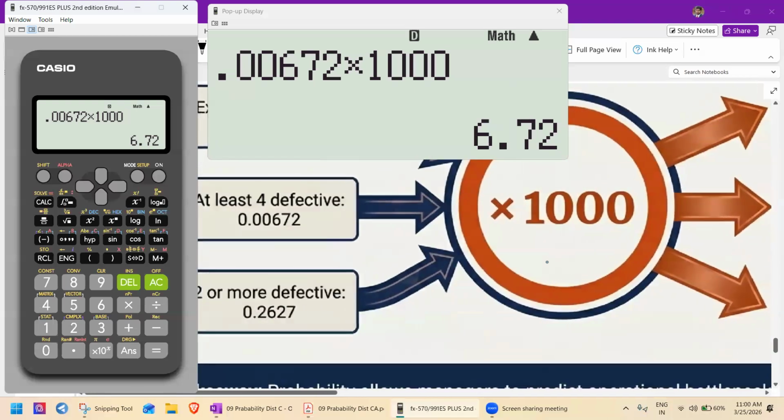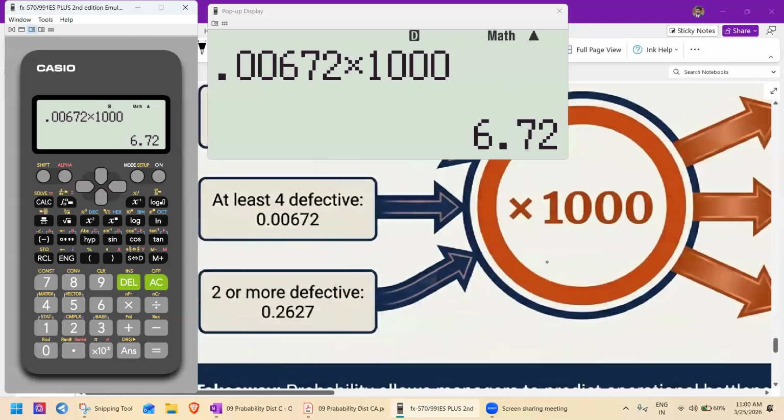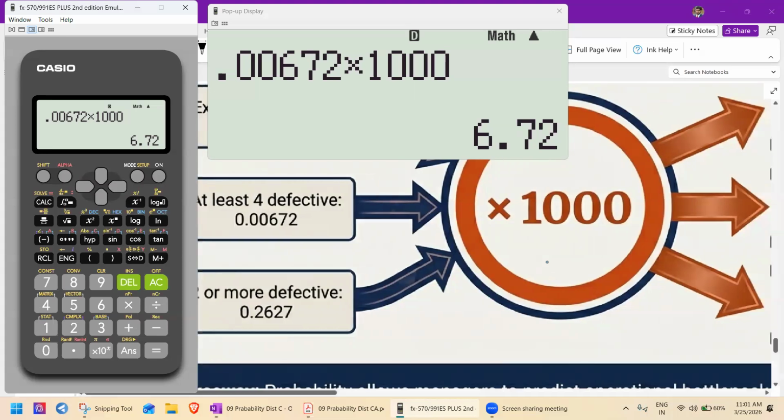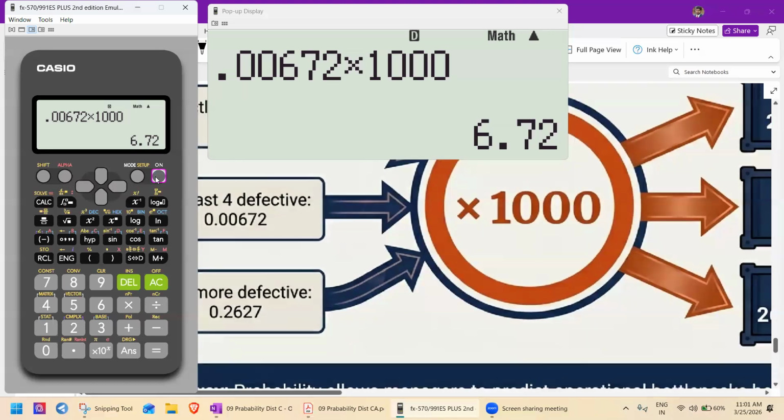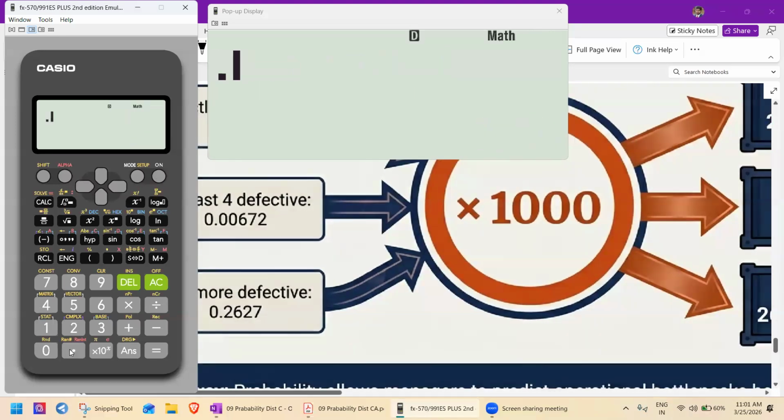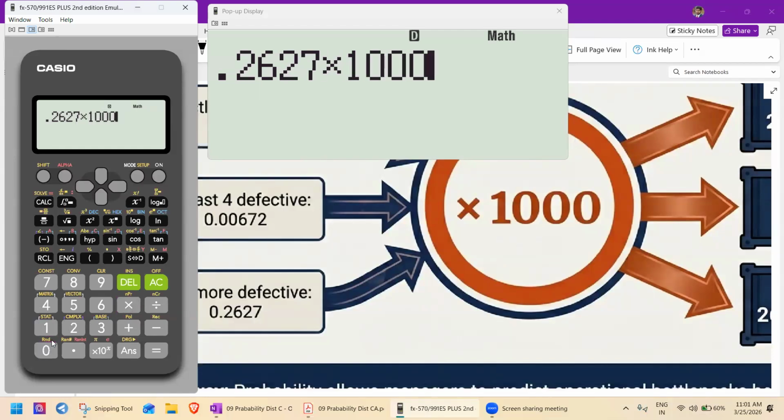And here, 2 or more defective items. What's the probability of 2 or more defective items? In one sample, the probability of getting two or more defective items is 0.2627, into thousand, equals almost 263 samples.